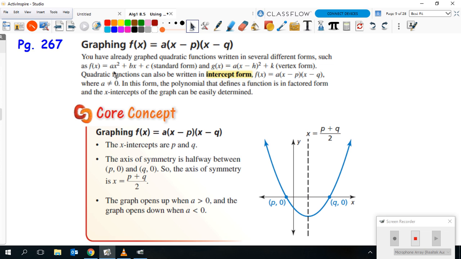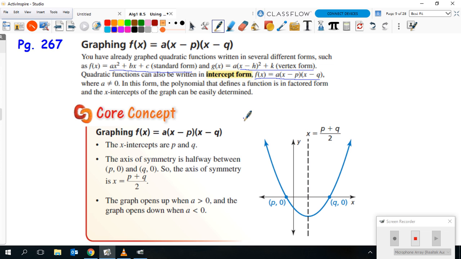Alright, well, as we look at our intercept form, like I said, we've already gone through standard form, as you can see here. This is our standard form and our vertex form. Intercept form now, and there's a vocabulary part for you on page 267 where you can write this down. Intercept form is this form right here, but you see it down here on the core concept.